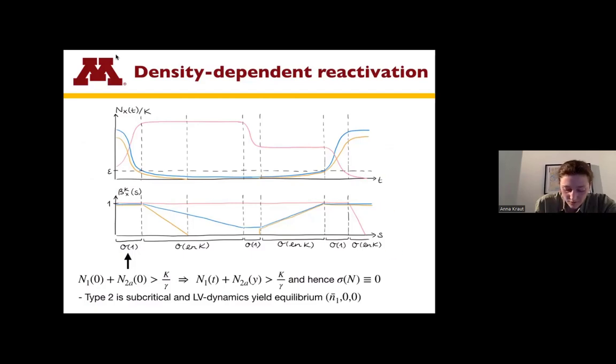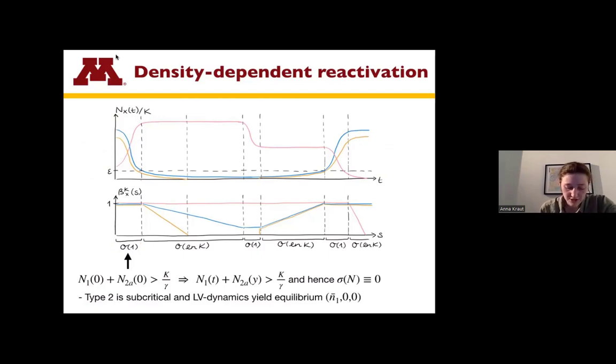And on the bottom, we see this exponent beta. As a reminder, this pink is the type 1, the other two are the type 2s, where orange is the active, blue is the inactive state.